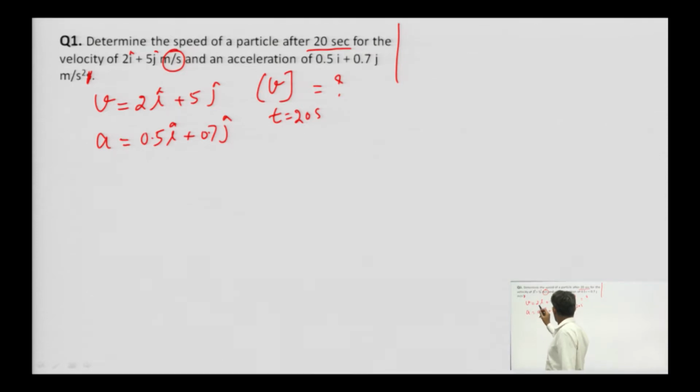If you observe here, the x component of velocity, x meaning horizontal, is 2. The y component of velocity is 5. The x component of acceleration is 0.5, and the y component of acceleration is 0.7.